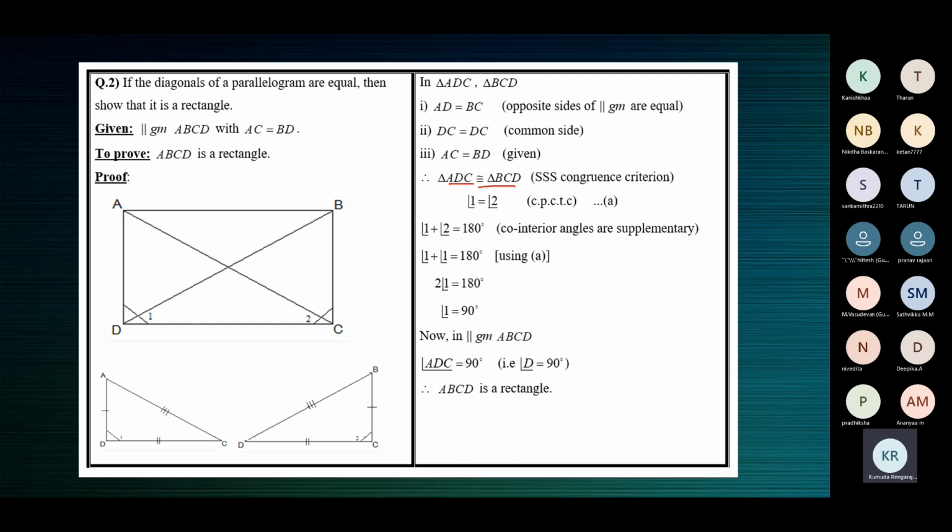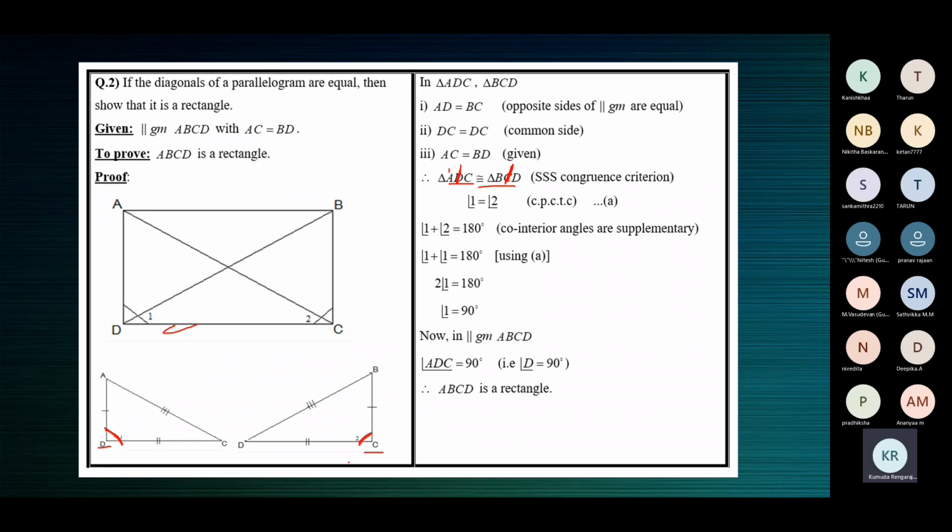When these two triangles are congruent, their corresponding sides and angles are equal. So angle 1 is equal to angle 2. Angle ADC is equal to angle BCD, the second vertices in the two triangles ADC and BCD, D and C. You can see angle ADC here and angle BCD here.